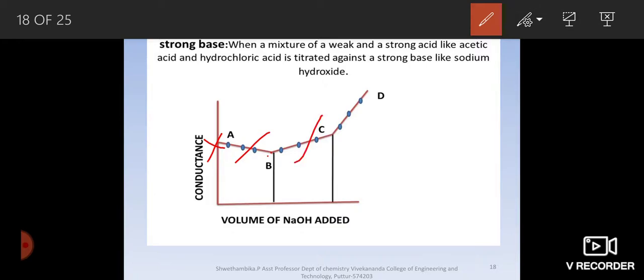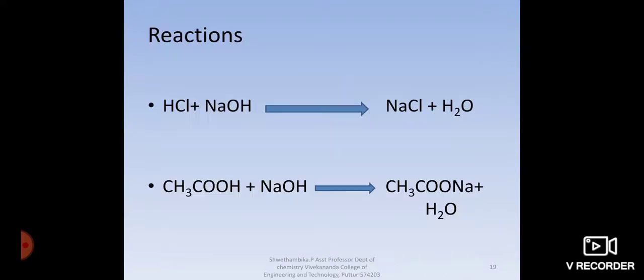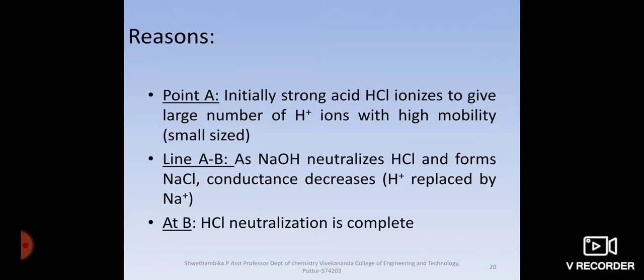Then the line BC corresponds to neutralization of acetic acid forming sodium acetate, a salt, which increases the conductance. At point C, all the acetic acid is neutralized. Then the line CD refers to the conductance contribution by OH minus ions. So here we have clubbed case 1 and case 2, and the same reasons are quoted here.